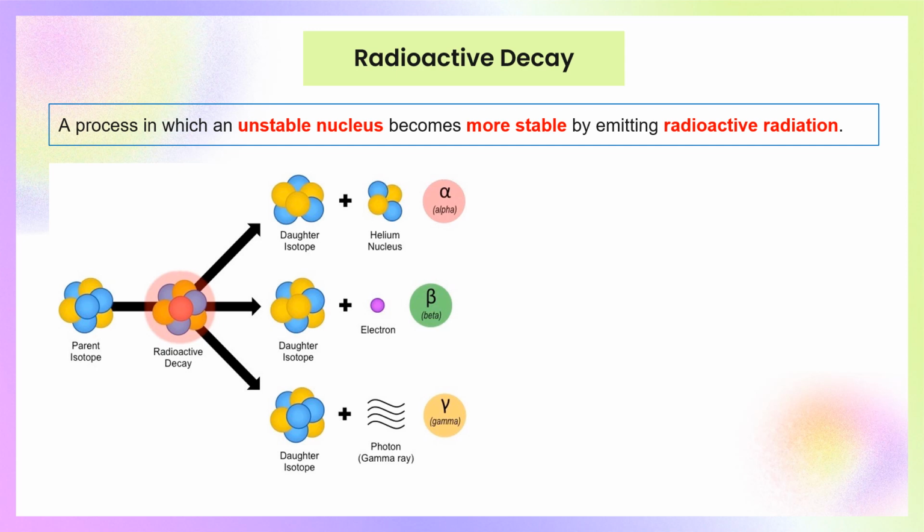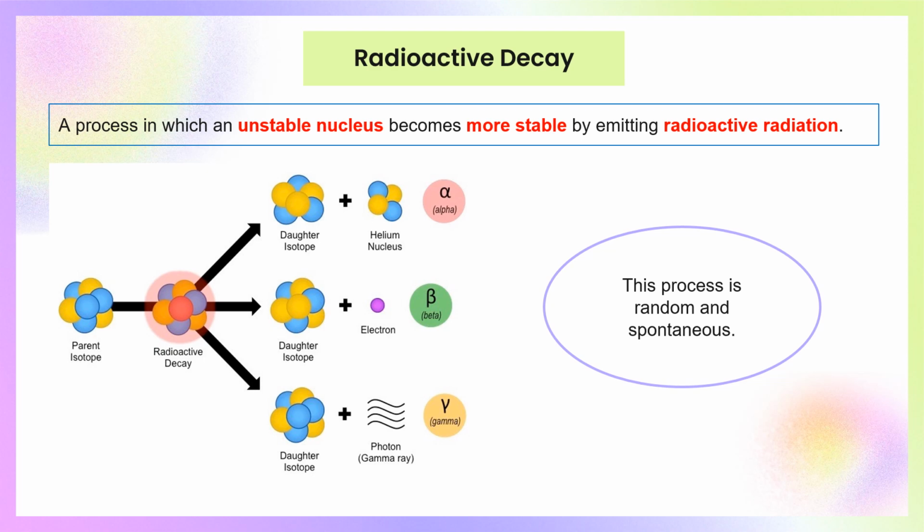These are the three types of radiation produced. This process is random and spontaneous. It means that we don't know when it happens, and this process is also not affected by physical factors such as temperature or pressure.